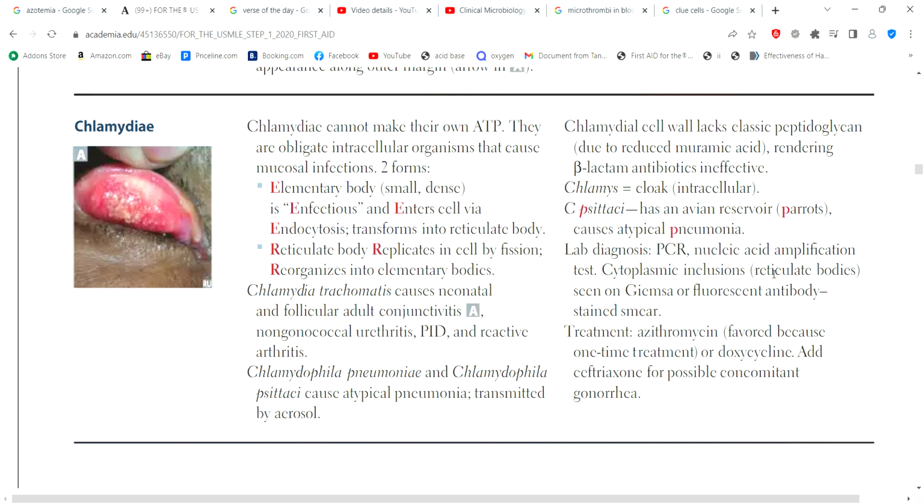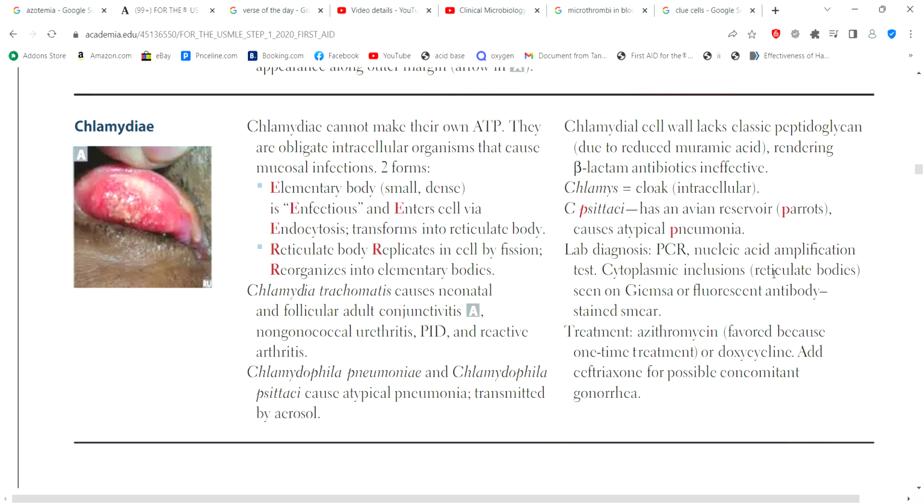The chlamydia cell wall lacks classic peptidoglycan due to reduced muramic acid, rendering beta-lactam antibiotics ineffective. Chlamydophila psittaci has an avian reservoir, so this one is seen in parrots. It causes an atypical pneumonia.